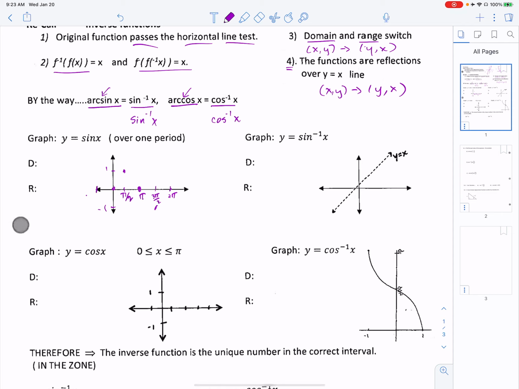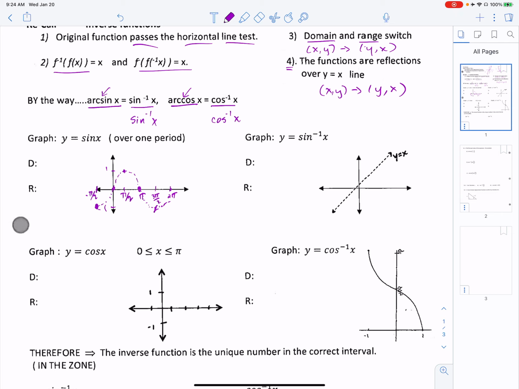I'm going to go back to negative pi halves, and at negative pi halves we'd be at negative 1 because it's the same coterminal angle as 3 pi halves. I'm just going to dot the sine graph because it's involved in figuring out the inverse. The problem with the entire sine graph, since it keeps on repeating its pattern, is it fails the horizontal line test.